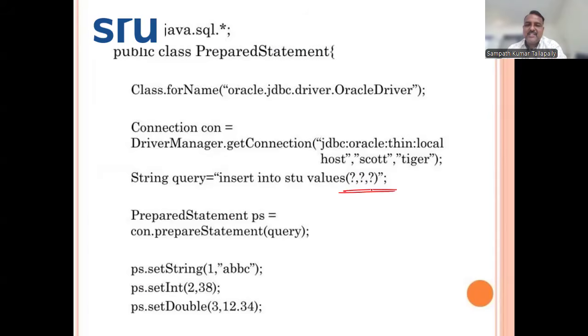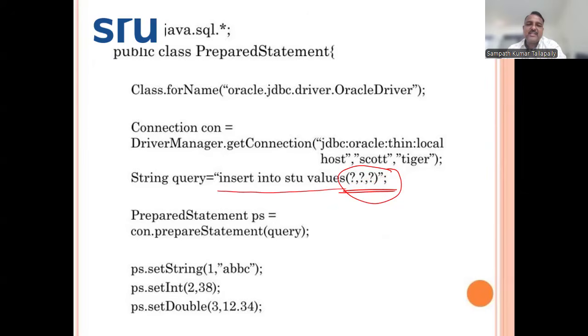So if I see the question mark here, it means these are the things to be supplied dynamically from the standard input device. I have a query here which takes question marks, and these question marks are the values which need to be taken dynamically.